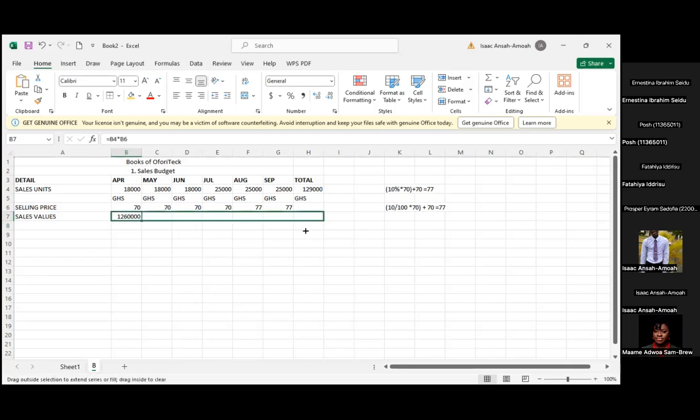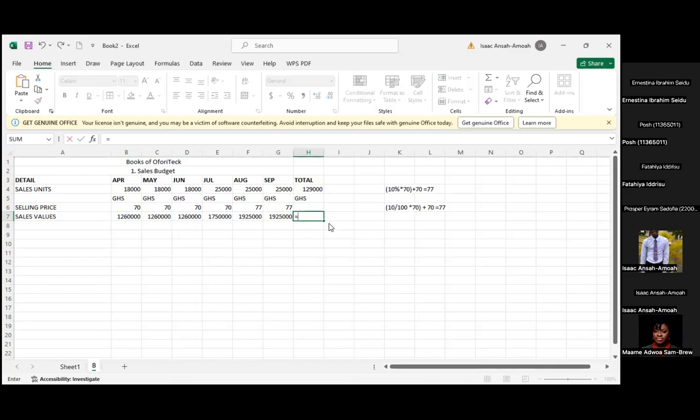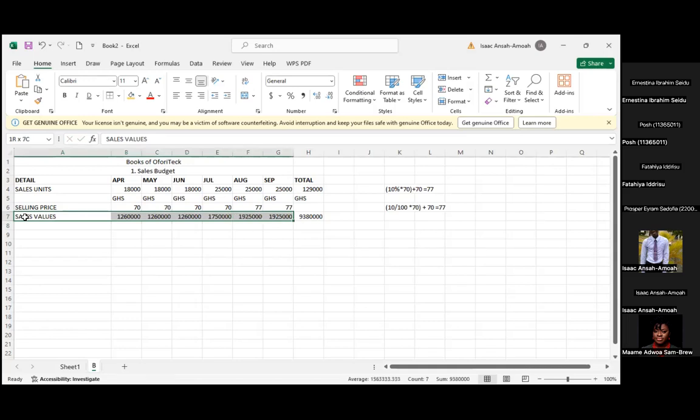So that's what we get here. All right. Then I'll add from April, May, June, July, August, and September. I'll add the totals together here to become my total sales value. Maybe I can highlight it a bit to distinguish it from all the other items.